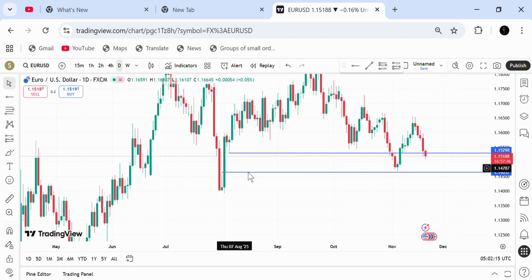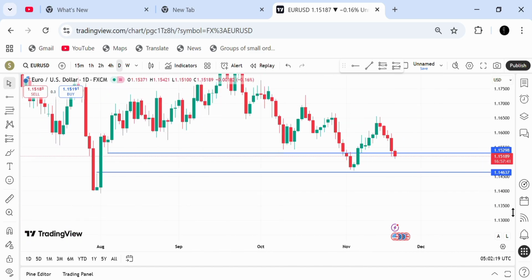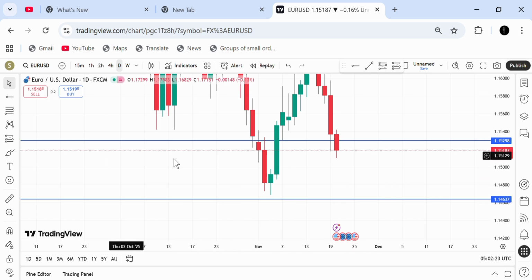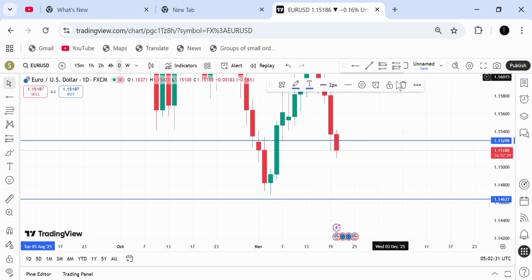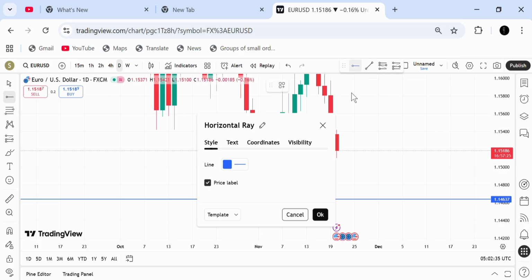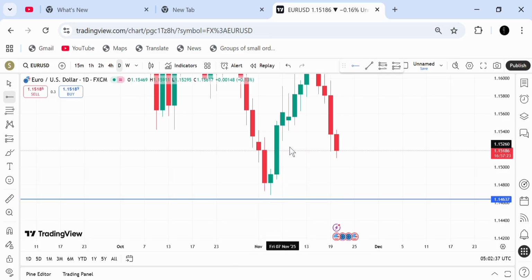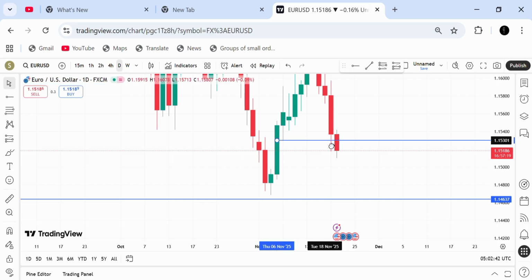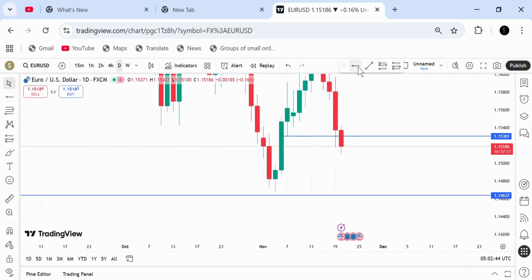So now, when looking at this particular market, price has already mitigated this particular fair value gap over here and created a new gap. Look at it here, guys. This is a new fair value gap. Let's take this out. This is our new fair value gap here, from this to this.